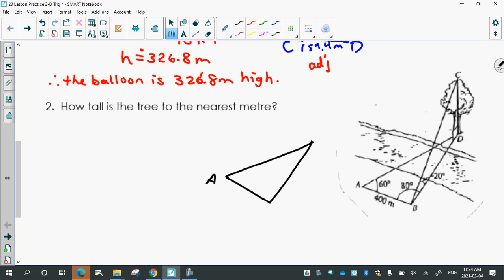So A, B, D with 400 meters here, 60 degrees, 80 degrees, which means I can get the one up at the top by subtracting from 180. So it's going to be 40 degrees.